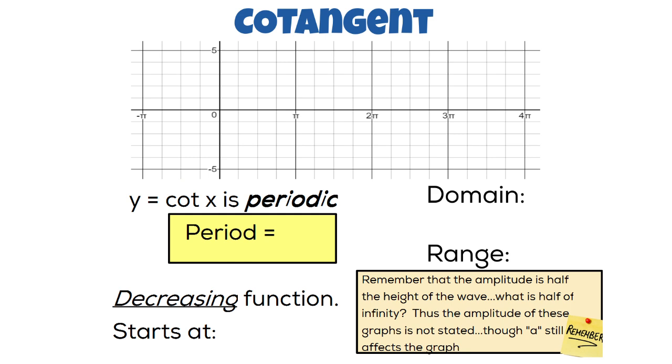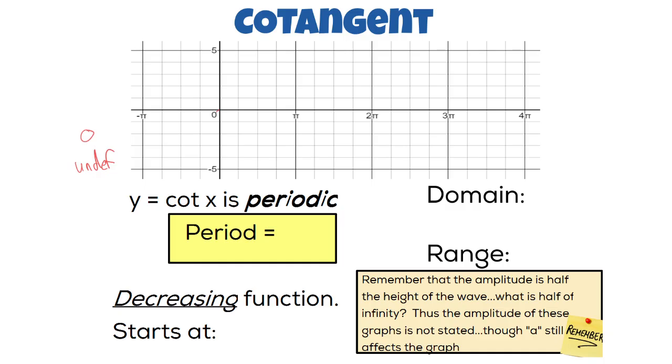Cotangent is the reciprocal of tangent. And if you think about all those places that I was putting 0, remember that the reciprocal of 0 is actually undefined. And the reciprocal of undefined is 0. This becomes basically a shift of the tangent wave.